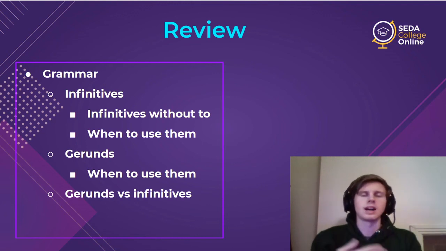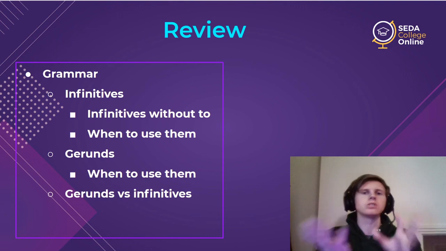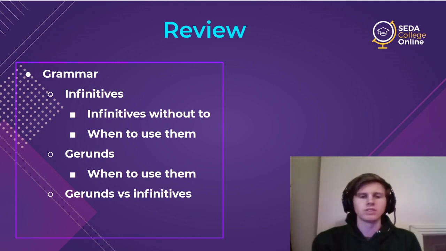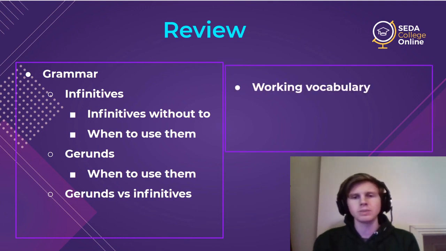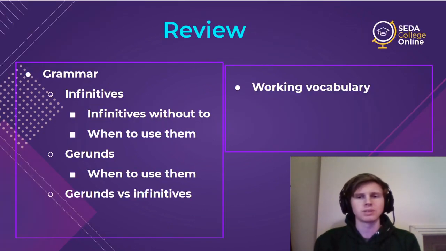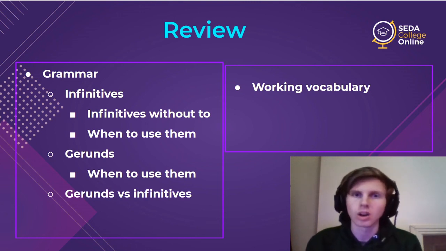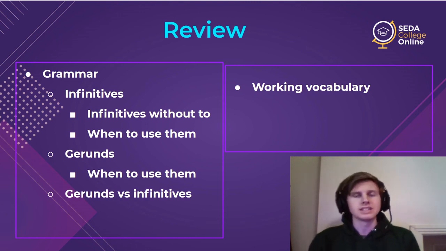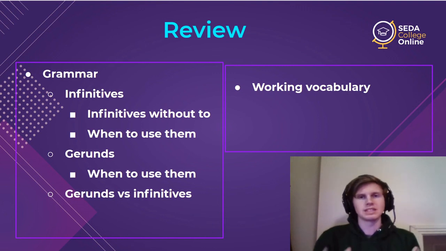So verbs like try or remember will change for gerund or change for infinitive. And for verbs that don't change, like start, there's no difference between a gerund or an infinitive for those. And then we talked about working vocabulary about different types of jobs and how to talk about them. So yes, that's everything for this lesson.